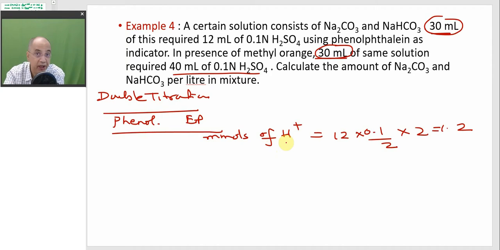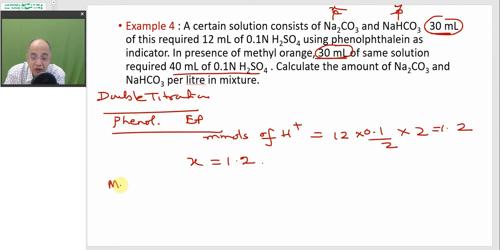But I never undermine or try to disrespect the equivalent concept for which we have sung so nicely. All chemical reactions take place in equivalence. Right? So supposing this is X and this is Y, as usual, X is equal to 1.2.